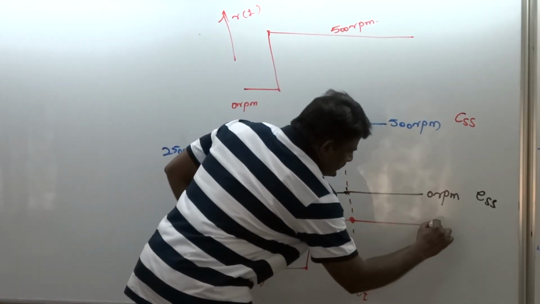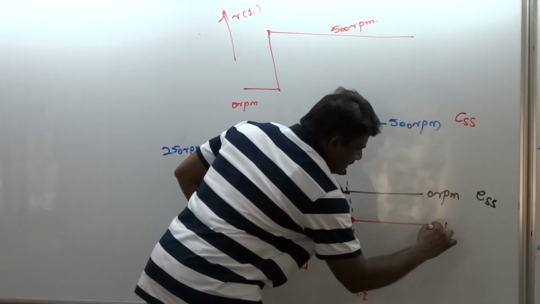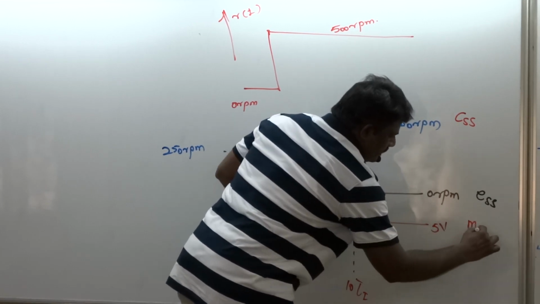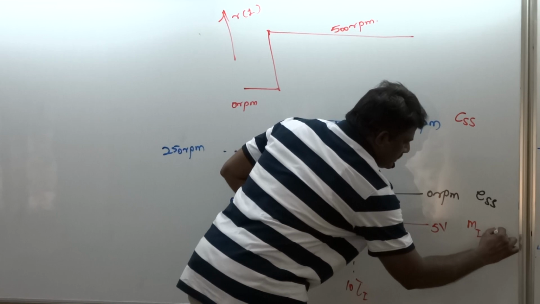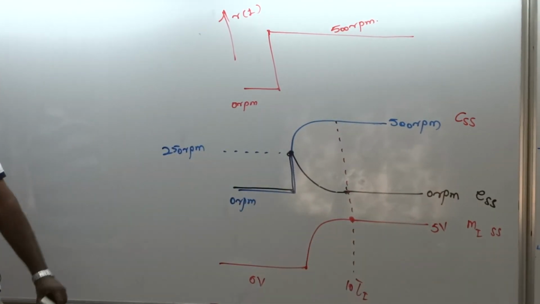What is that? 5 volt is MI under steady state condition, the integral controller contribution at steady state.